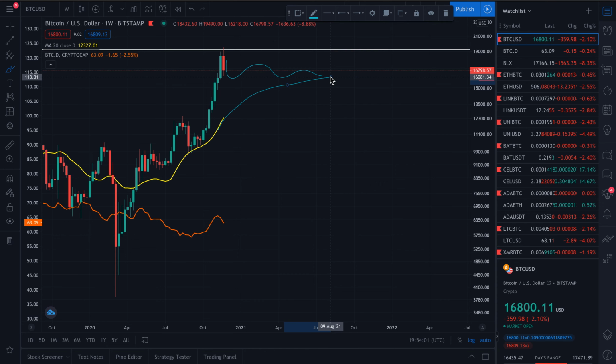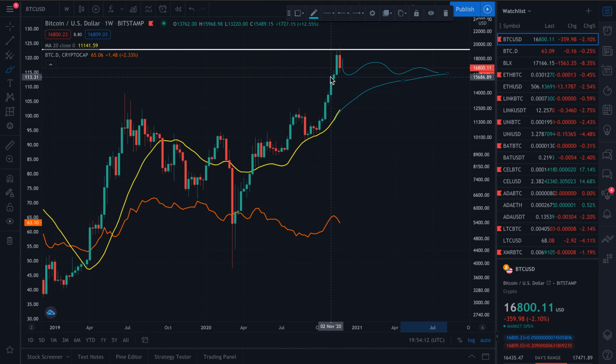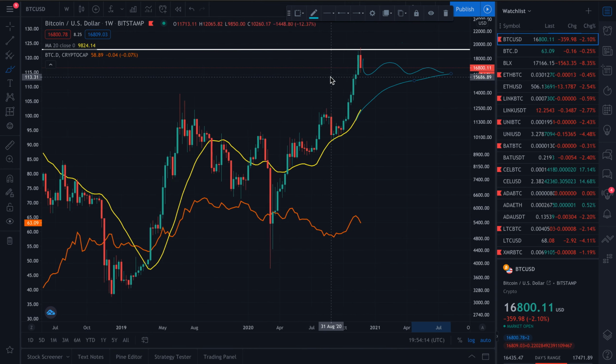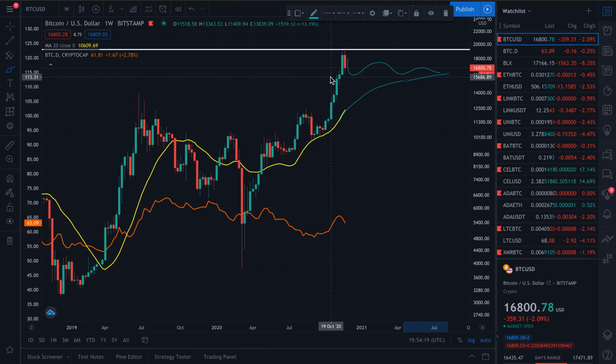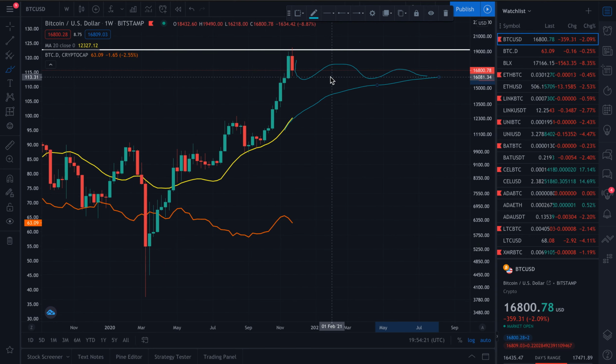I think Bitcoin will trend as low as it can until it hits the 20-week moving average. That's what I think. At this point, in order for the bull market to continue, in my opinion, it has to be above the 20-week moving average, or all of this is for naught.